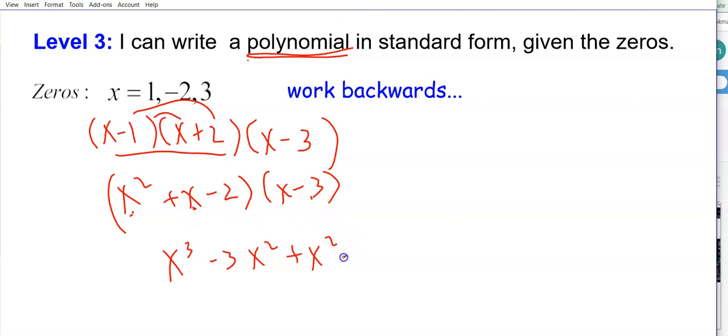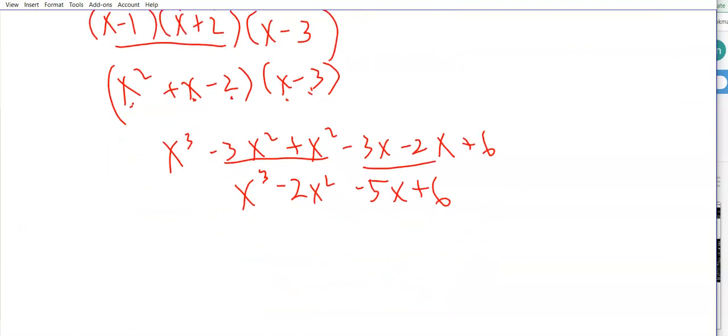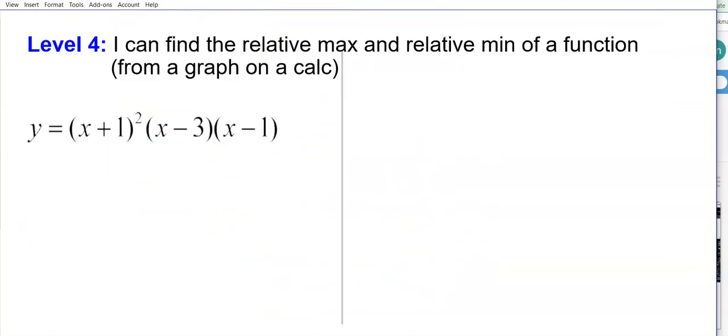X times -3 is minus 3x. -2 times x is minus 2x. -2 times -3 is plus 6. So I get x cubed, these go together, minus 2x squared, these go together, minus 5x plus 6. So that's just the idea of taking those and working backwards to solve.